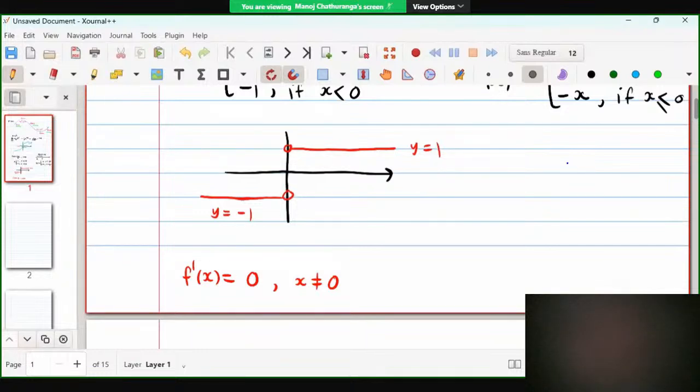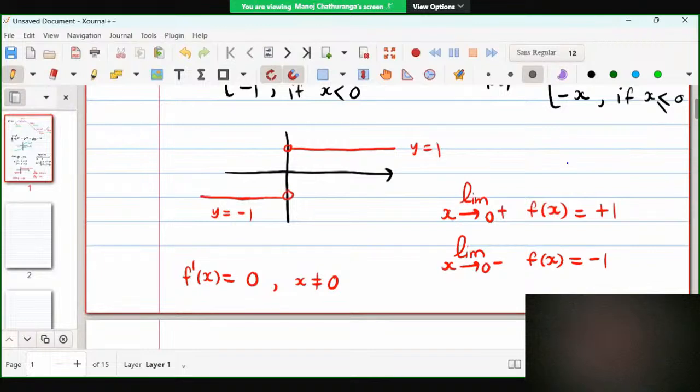There is a jump discontinuity. As you go to 0 from the right-hand side, the limit of the function is +1. As you go to 0 from the left-hand side, the limit of the function is -1.